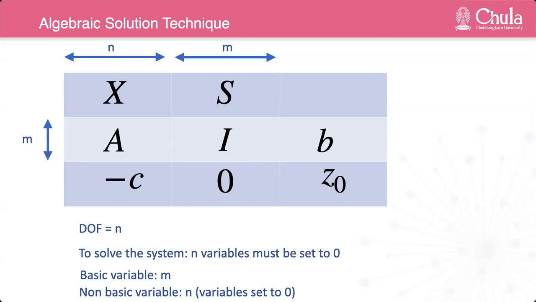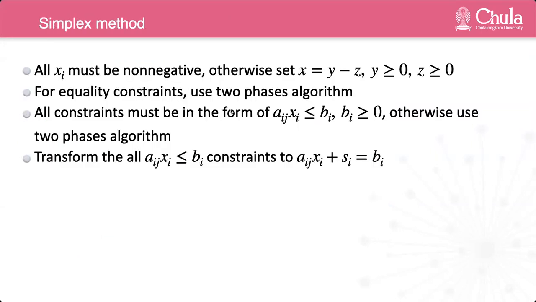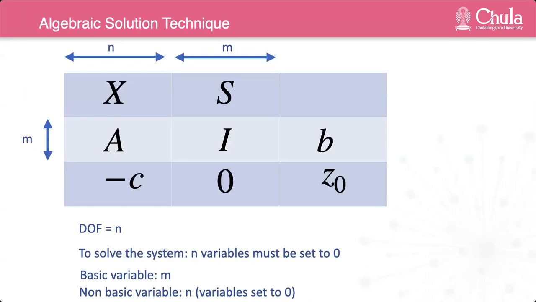We have n variables first, A matrix, x1 to xn. And in the process of transformation, because we don't have equality constraints, all the constraints are in this form, where bi is non-negative, okay?